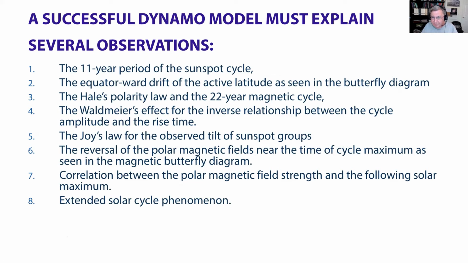We need to explain Waldmeier's effect, the Joy's law, and that the reversal of the polar magnetic field happens near the maximum of the sunspot cycle. Also, it's important to explain the correlation between the polar magnetic field strength and the following solar maximum, and also the extended solar cycle. It apparently tells us something important about the solar dynamo.